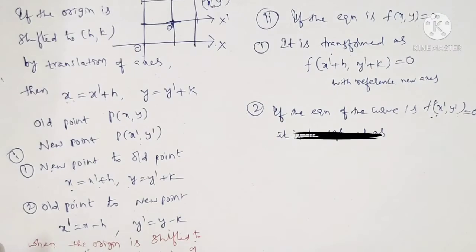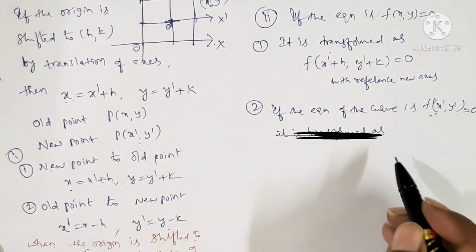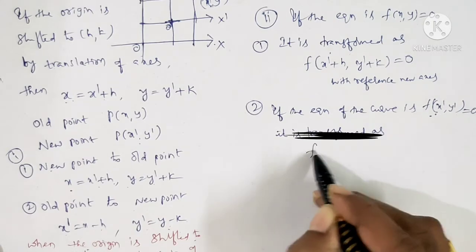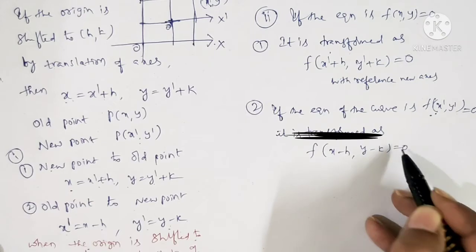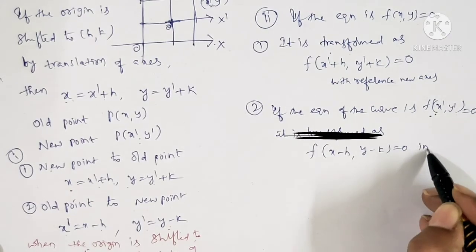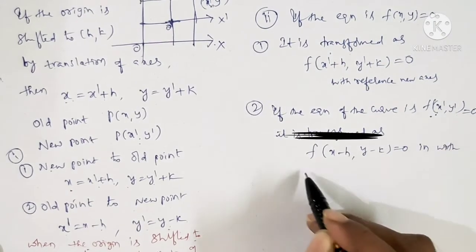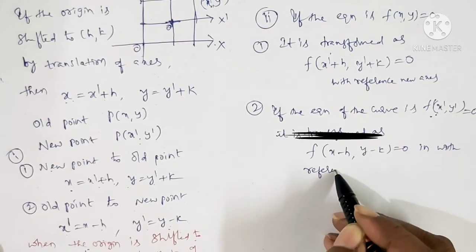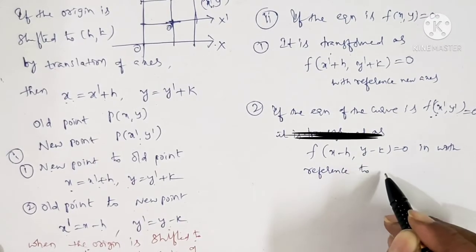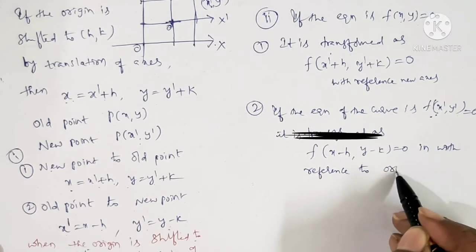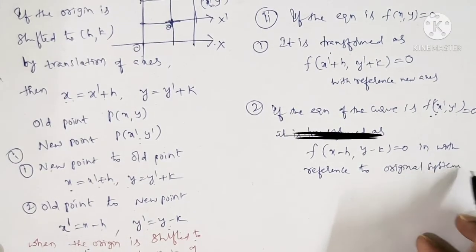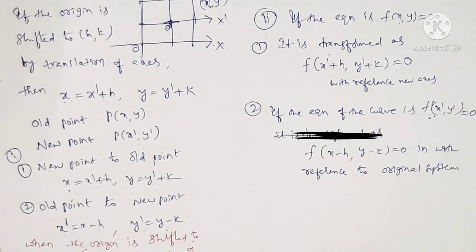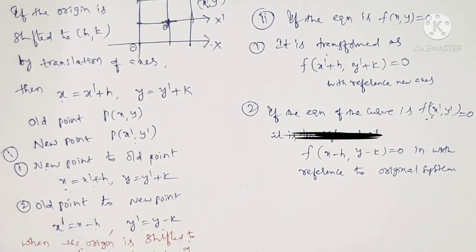Here x dash is equal to x minus h and y dash is equal to y minus k. Just replace it. Then f of x minus h comma y minus k is equal to 0. It is with reference to the original system. So this is the formula.